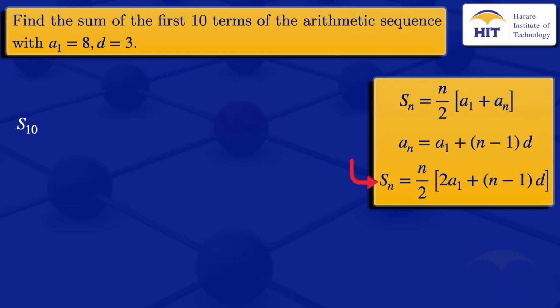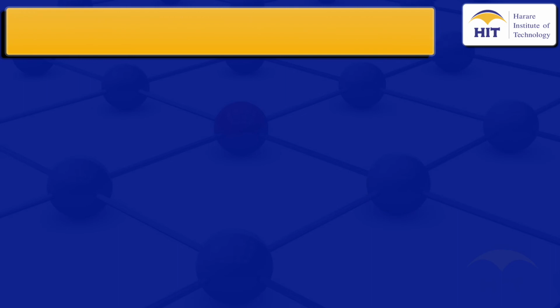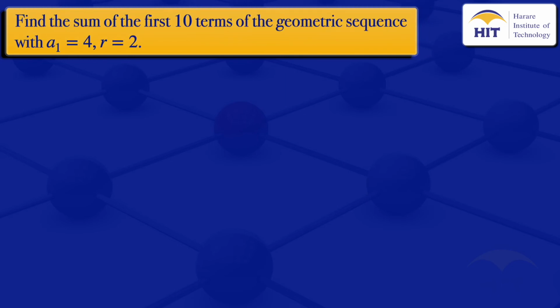Wherever we have an n, we put a 10, so that it equals 10 divided by 2 multiplied by 2 times the first term 8 plus 10 minus 1 multiplied by 3, the difference. When we evaluate that, we get that the sum is 215.